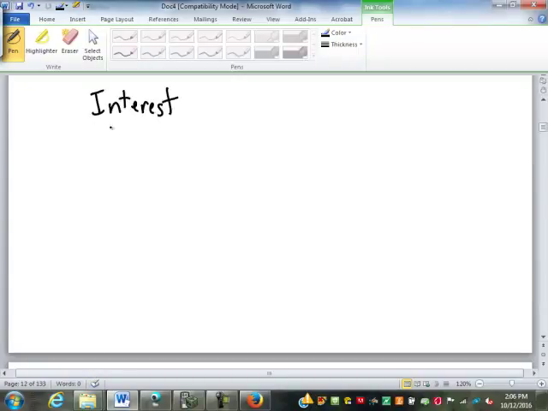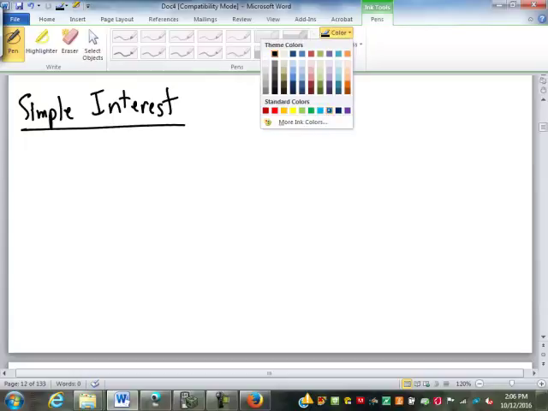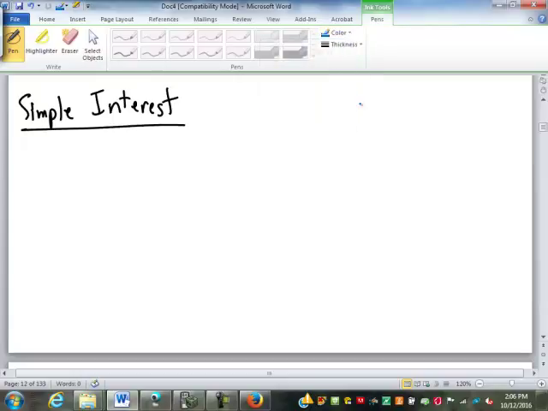And we're going to throw a couple formulas out there. We're going to talk mostly about simple interest. And I may have mentioned this a little bit before. Simple interest is the simplest way that you can calculate interest on an account or a loan or whatever.